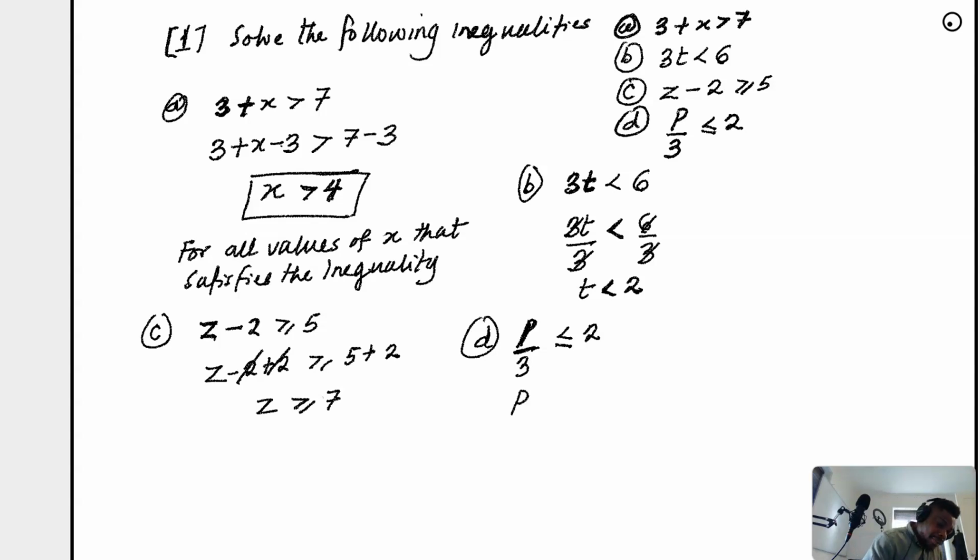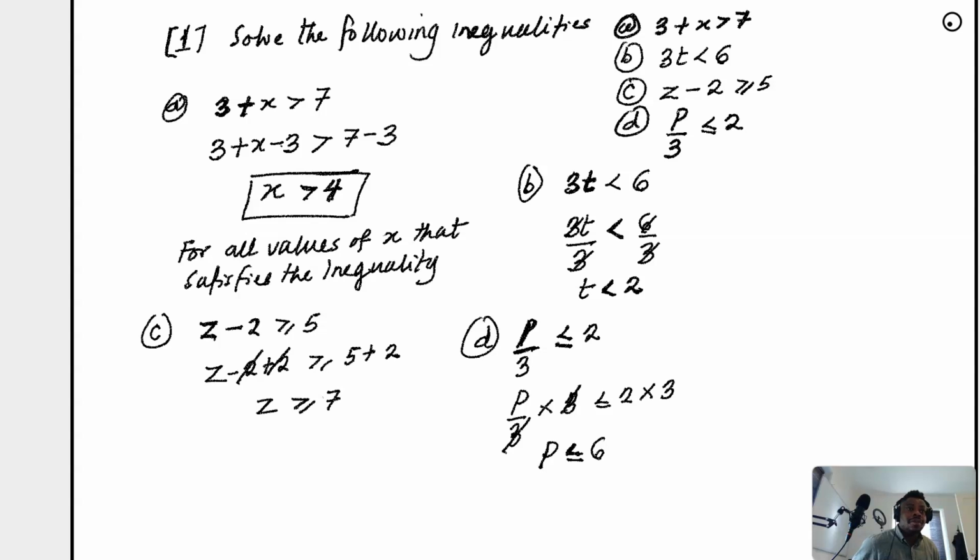So I'm multiplying by 3 on that side, and I'm multiplying by 3 on this side. So this one can cancel this one out. So p is less than or equal to 6 for all values of p that satisfy this inequality. The sign still remains the same, because you are multiplying both sides of the inequality by a positive value.